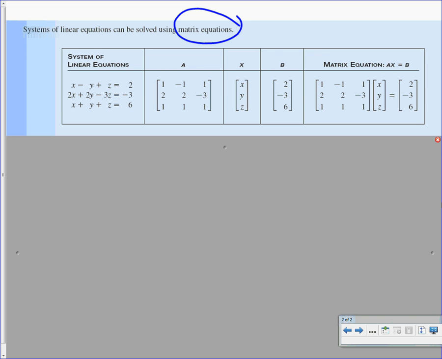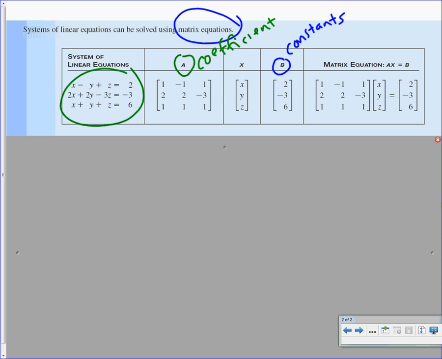All right, so here we have a chart. Look over on the left. You have a system of linear equations. Instead of using an augmented matrix, we're going to use two separate matrices. We're going to use one matrix for the coefficients. It's going to be called the coefficient matrix, and we're always going to call that one A. And then X is going to represent all of our variables, and B is going to represent all of our constants, our numbers without a variable.